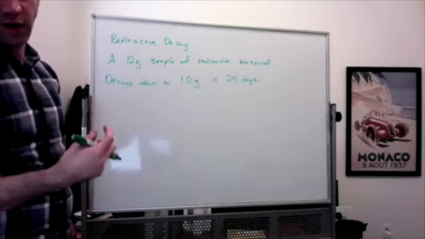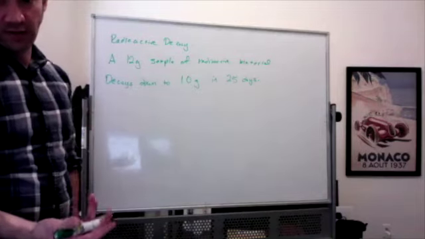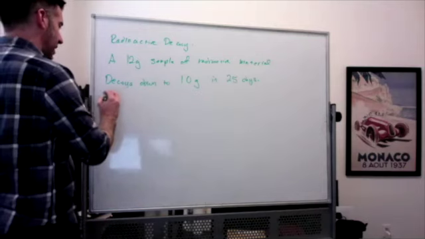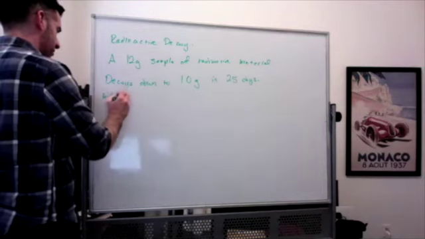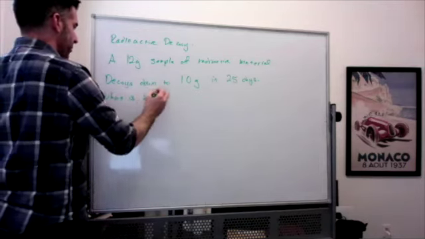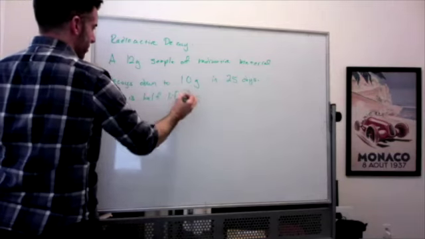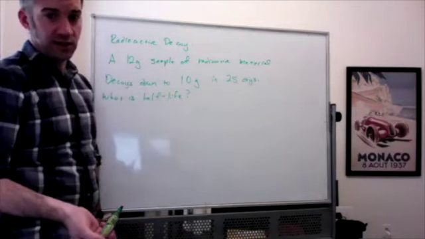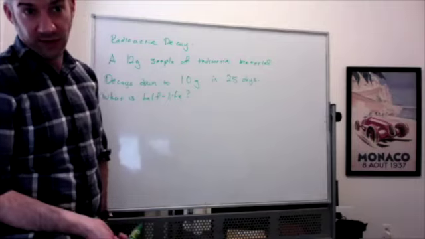So we start off with 12 grams, 25 days later, we have 10 grams. And the question we want to ask is, what is the half-life? So how long would it take to get to 6 grams, right? Because that's half of what you're starting with.